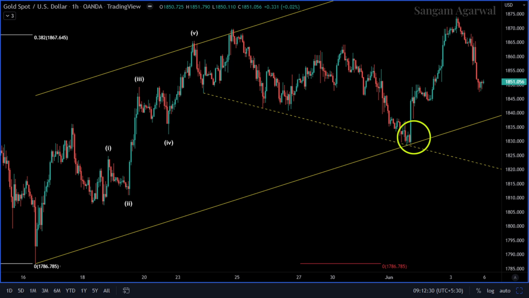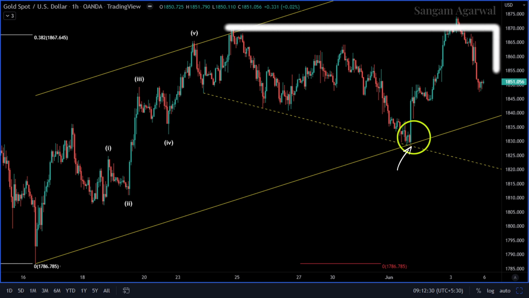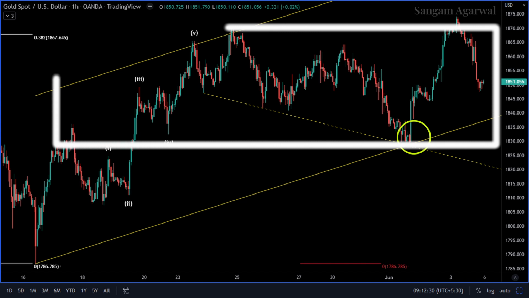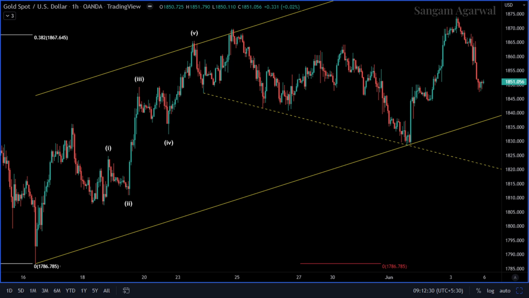These two are our horizontal support, and this dotted trend line is a dynamic support which has been tested 3 times. This is still a sideways correction, making a range between 1870 and 1830.